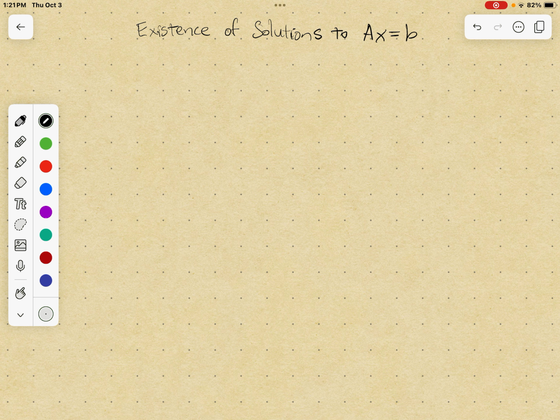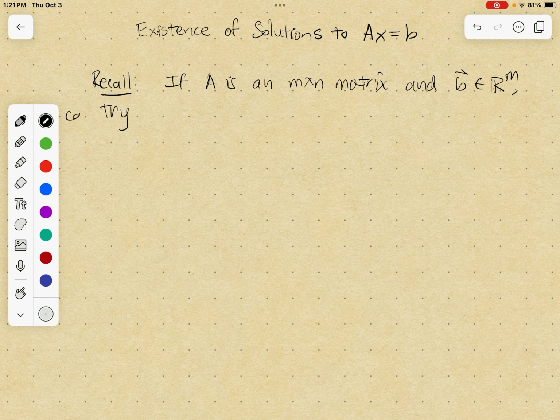Let's recall that if you have a matrix A, say A is an n by n matrix, and b is a vector in Rm, we can try to solve the equation Ax equals b, where x is going to be a vector in Rn.